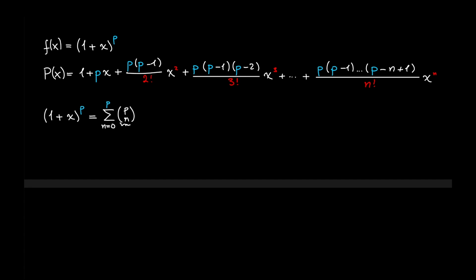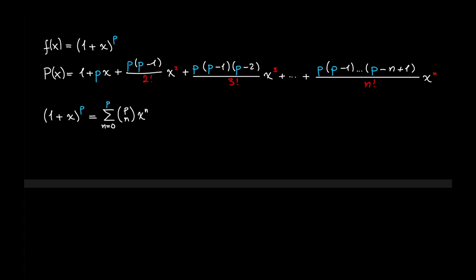Now please recall this parentheses right here is not what you think. It is the combination nCr, or in our case that would be combination p, n or p select n. And this multiplied by x raised to the power of n.